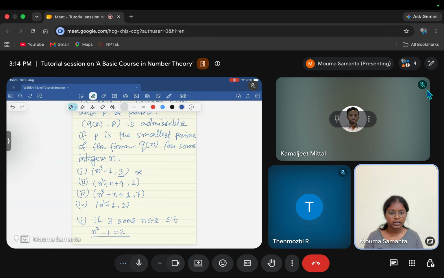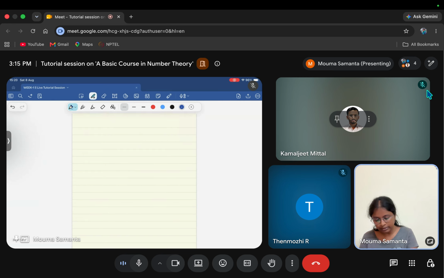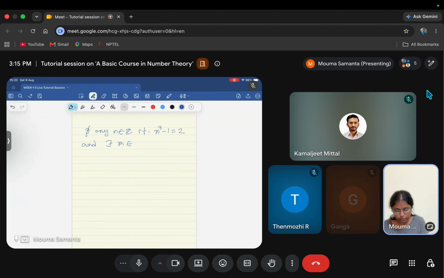Or if we want to show that this option is correct, then what we have to show? We have to show simultaneously that there does not exist any n belonging to Z such that n cube minus 1 equals 2, and there exists some m belonging to Z such that m cube minus 1 equals 3.